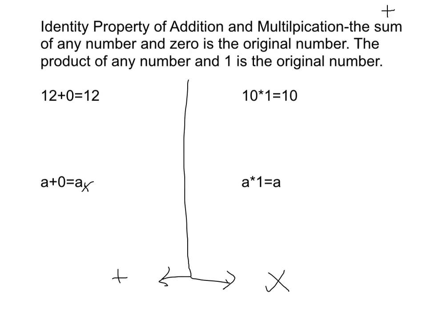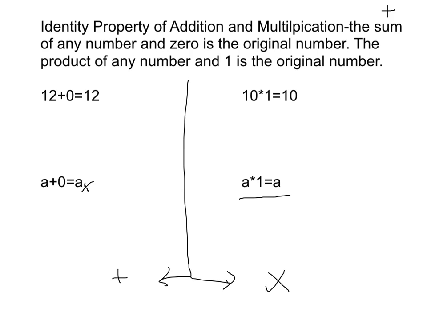Then the identity property of multiplication just says that the product of any number and 1 is the original number. So again, 10 times 1 is 10. 12 times 1 is 12. 123.5 times 1 is 123.5.